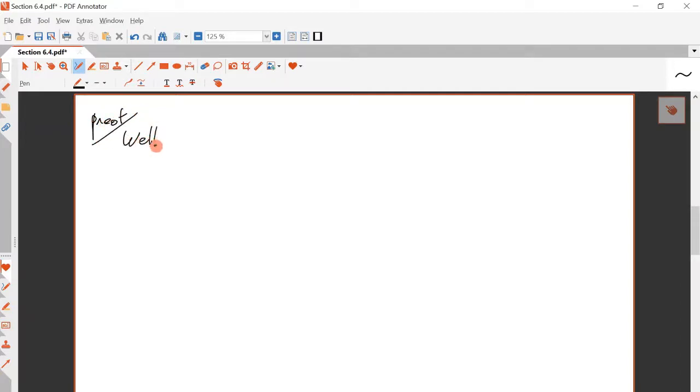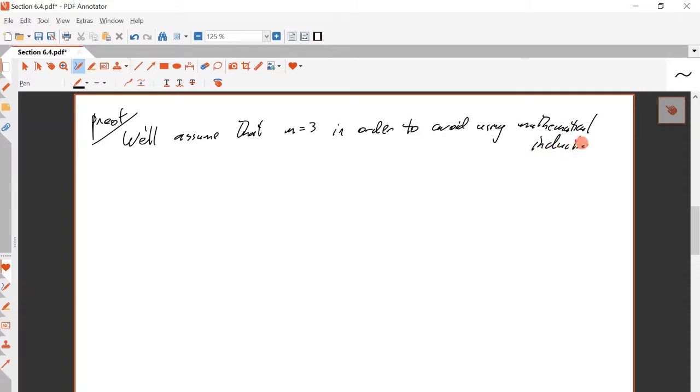We'll just assume that m is equal to 3 in order to avoid details. Using mathematical induction is a tool that you would need to actually do a proof for general m.